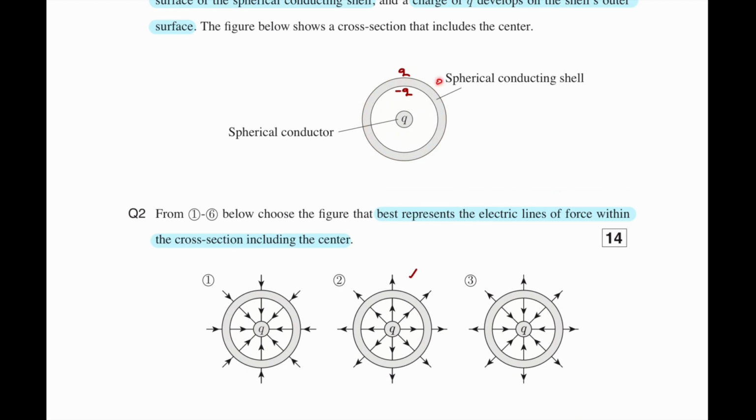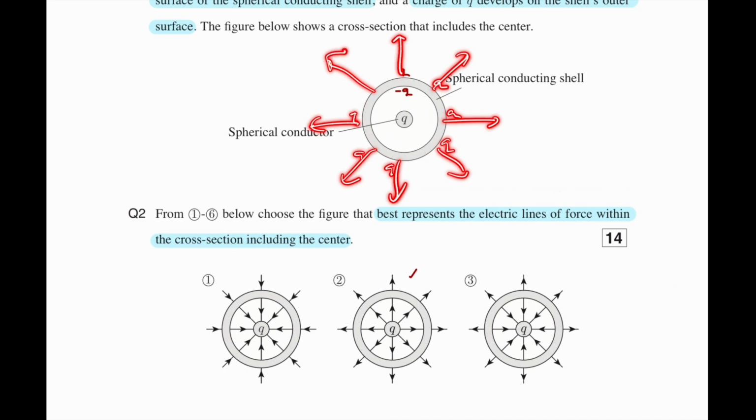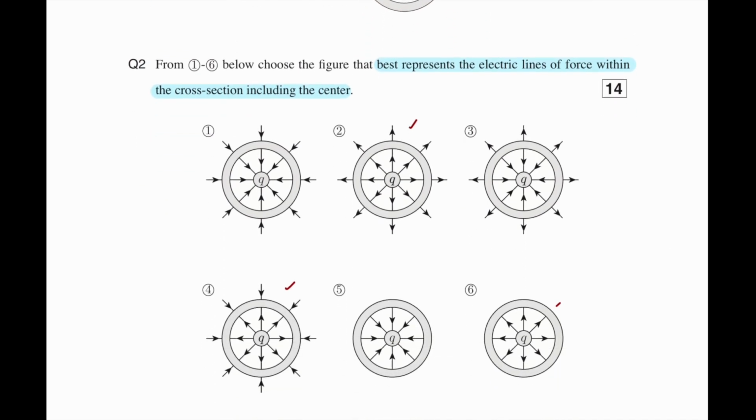So since this outer shell is positive, the electric field will go out from that positive Q. So my final answer for question number 14 is 2.